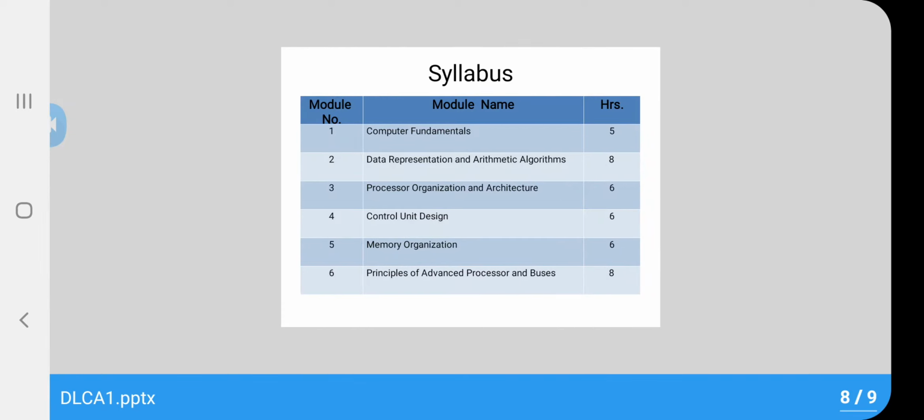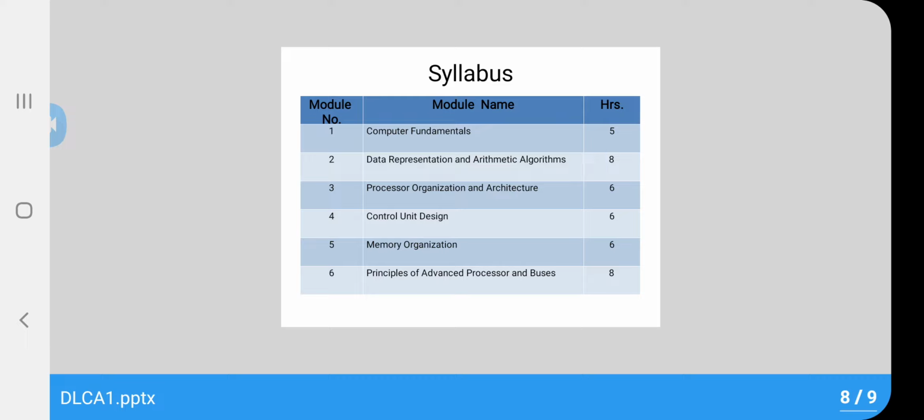Next to this is our actual syllabus. The syllabus consists of a total of 6 modules. Here only module names and expected hours to complete the module are mentioned. With this, the first module, Computer Fundamentals, introduces numbering systems and codes. The second module includes arithmetic operations performed on different numbering systems.